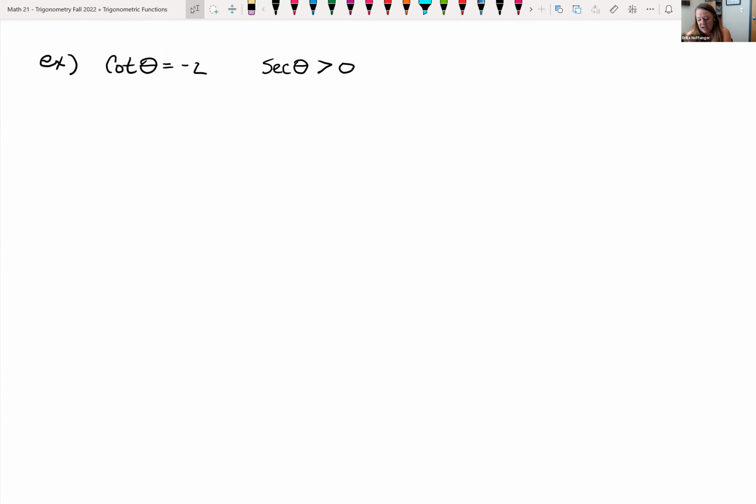So for me, it would help if I rewrote secant theta in terms of sine and cosine. Secant theta, I know, is 1 over cosine theta. So I know 1 over cosine theta is greater than 0. That tells me that cosine theta has to be greater than 0. And cosine theta is greater than 0 in quadrant 1 and quadrant 4.